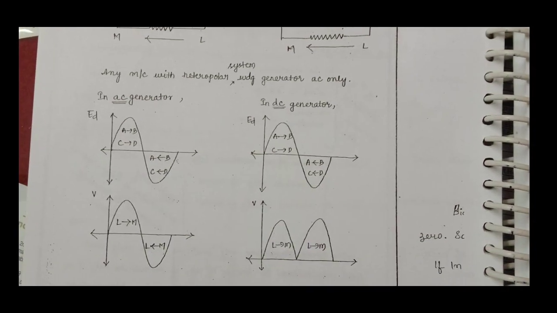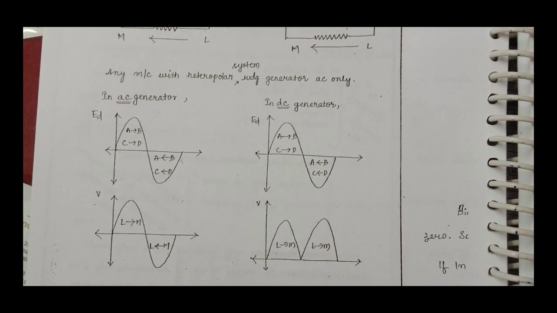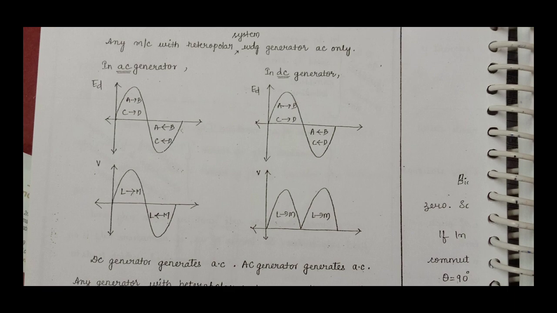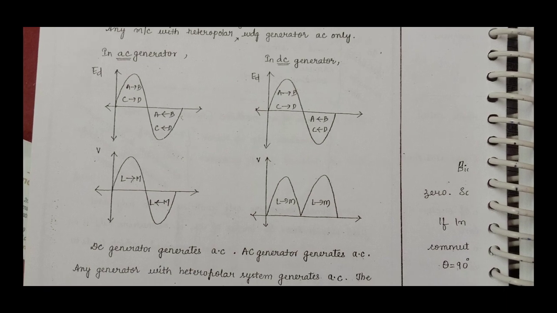In both the DC generator and the AC generator, the inside action is AC, which can be converted into DC by the commutator.